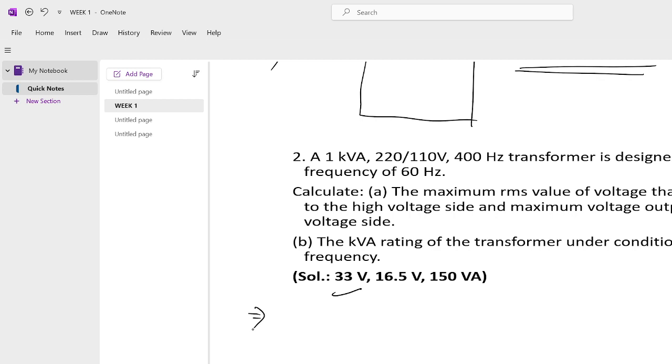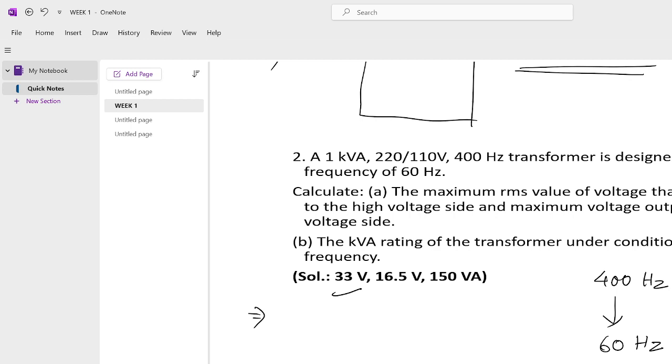Since we have got the maximum value that may be applied to the high voltage side, and initially the transformer was designed for 400 hertz, now we are downscaling the operating frequency to 60 hertz. You know that induced EMF E is a function of frequency.